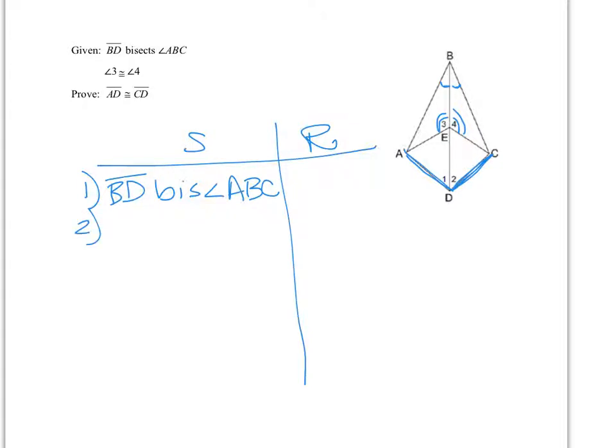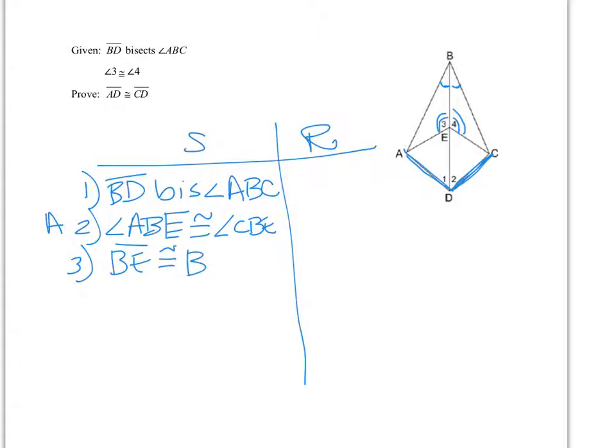Because BD bisects ABC, we can say that angle ABE is congruent to angle CBE, and that's by bisection. All right, so that's one of our angles. BE, I'm going to go with side. I'm just going to do it in the order that I'm proving, ASA.